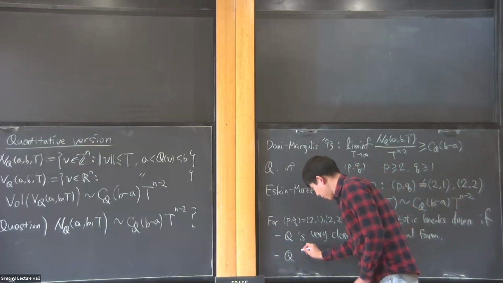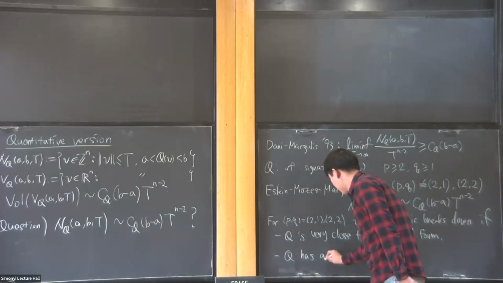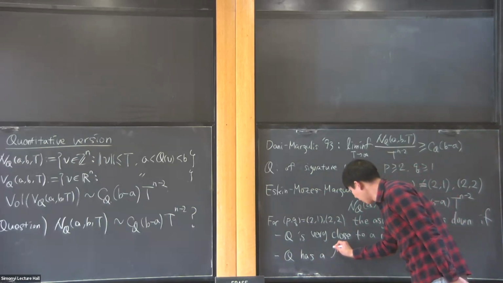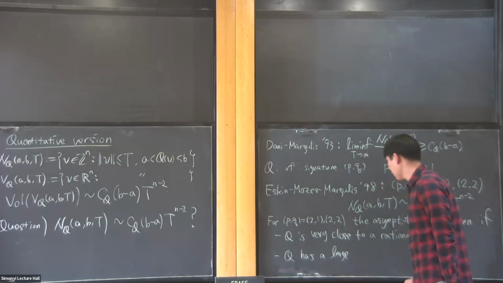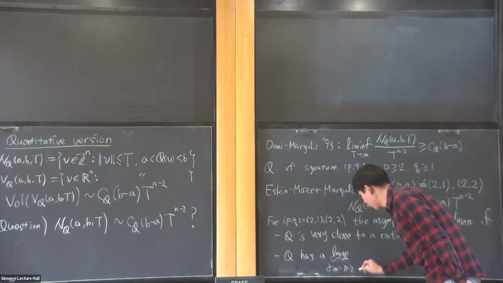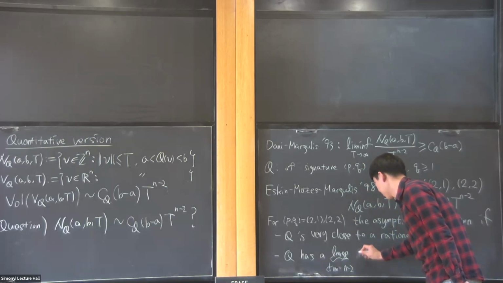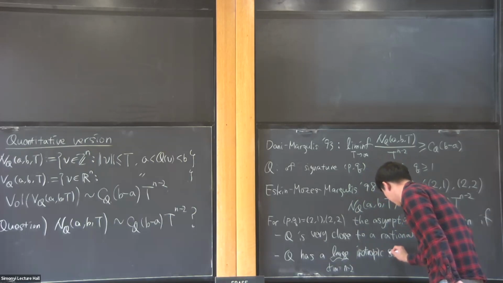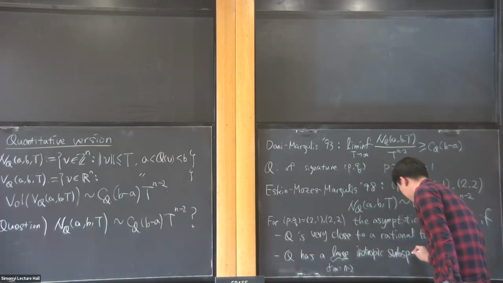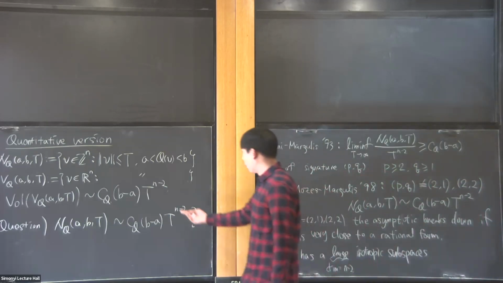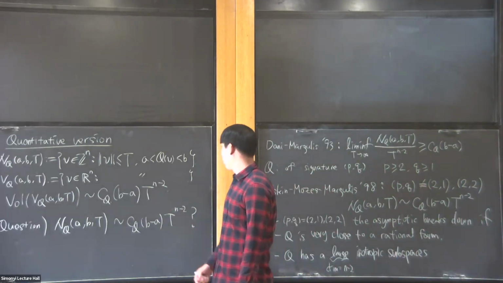Also, if Q has a large isotropic subspace, large meaning dimension n-2. Why do we say that it's n-2?